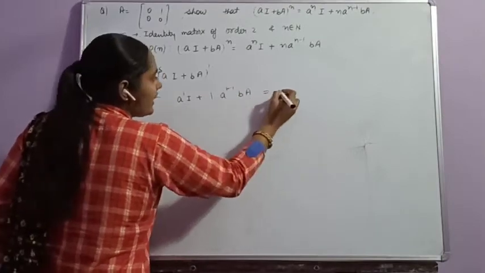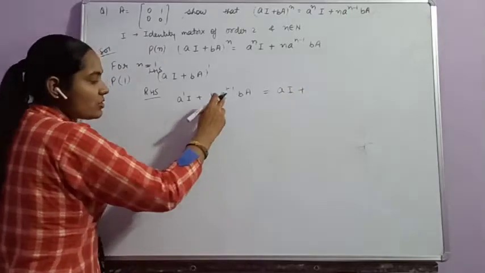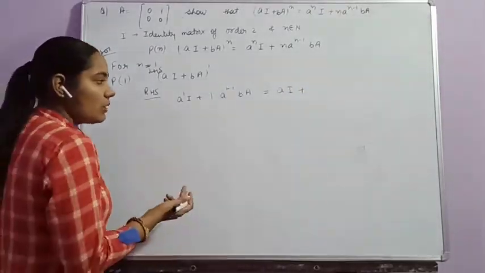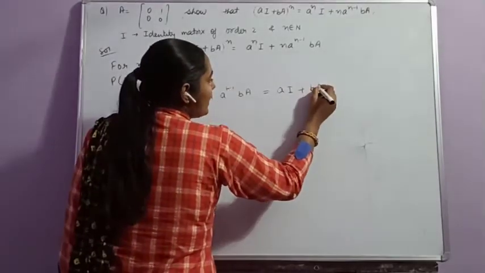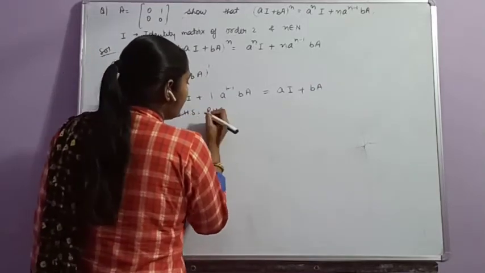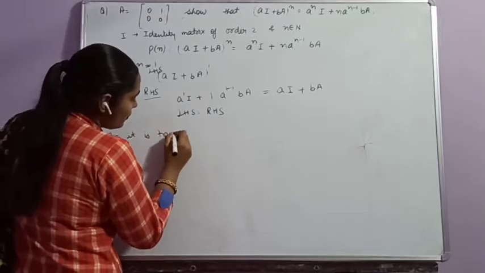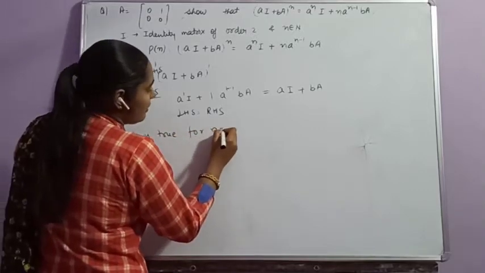That is equal to aI plus a raised to the power 0, that is equal to 1, so bA. We can see that the left hand side is equal to the right hand side, so it is true for n equal to 1.